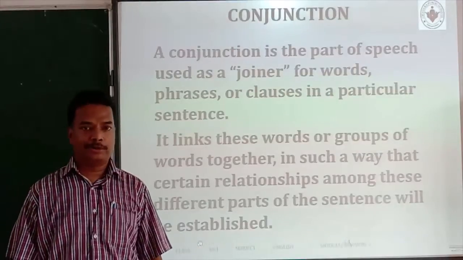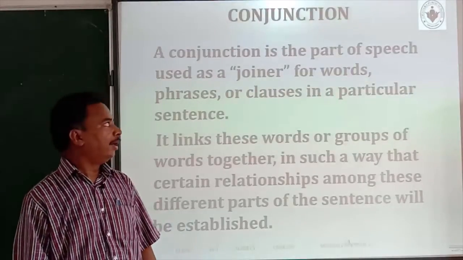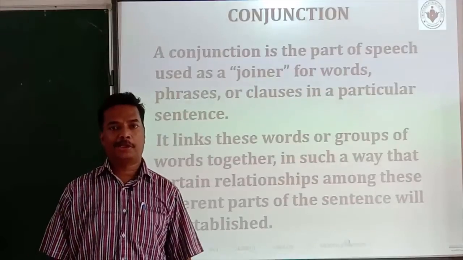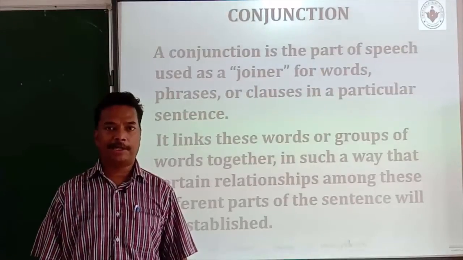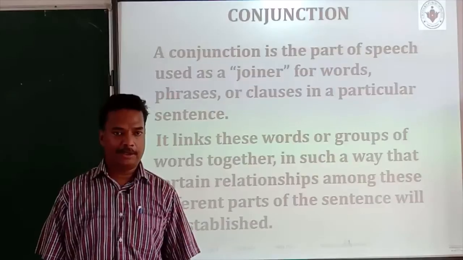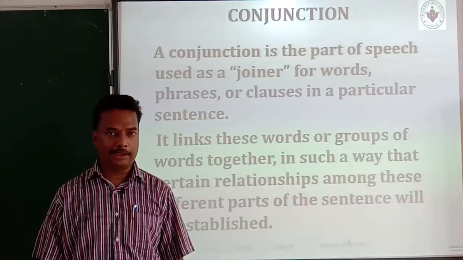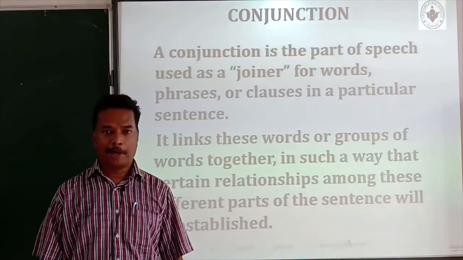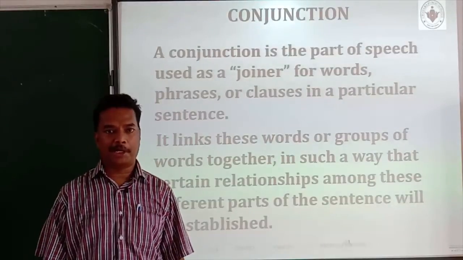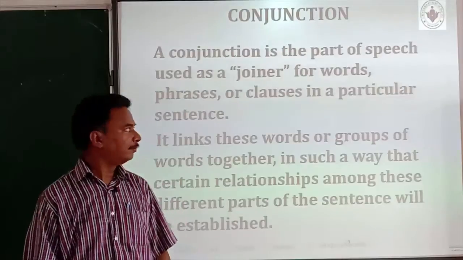Next, we move on to conjunction. A conjunction is a joining word or a connecting word or a linking word. A conjunction is used to join together words or parts of sentences, or even sentences together.